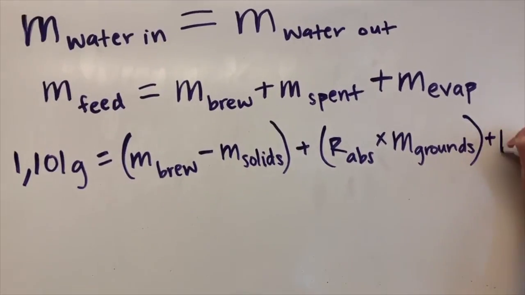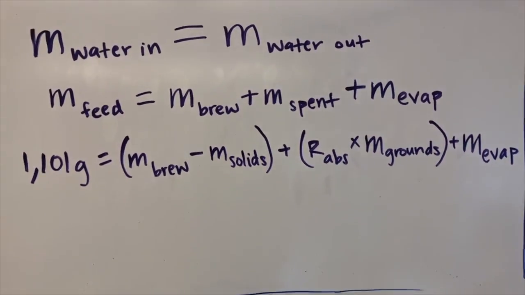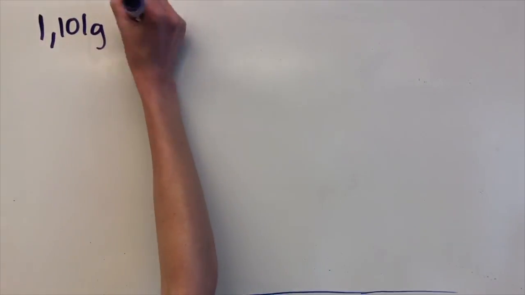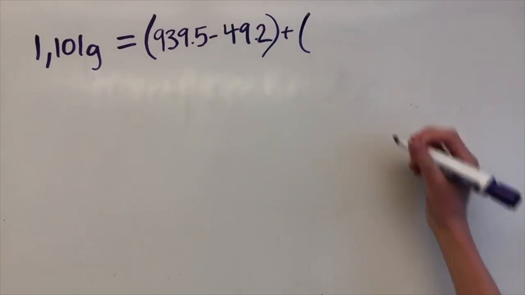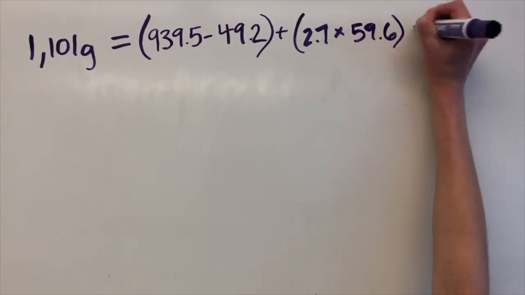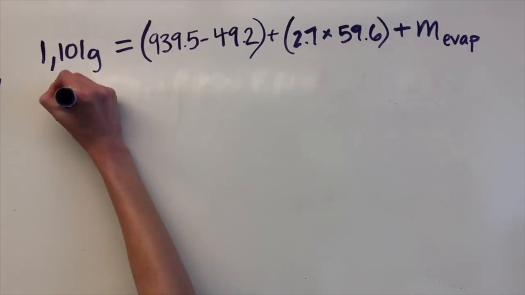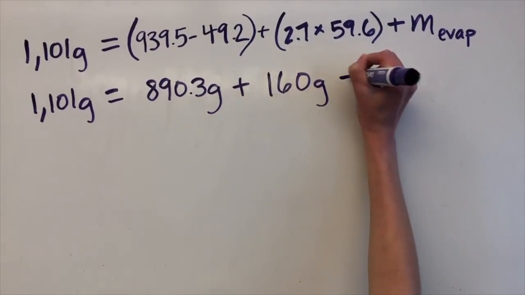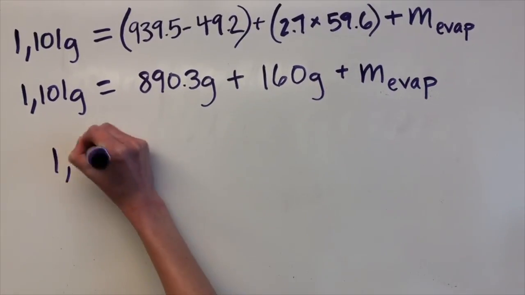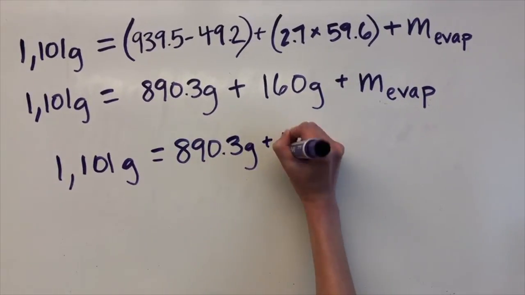We can estimate the mass of water in the spent grounds by multiplying the absorption ratio and the mass of the dry grounds. After plugging in the numbers and doing some quick subtraction, we found that there was 890.3 grams of water in the brew, 160 grams of water in the spent grounds, and 50.7 grams of water evaporated.